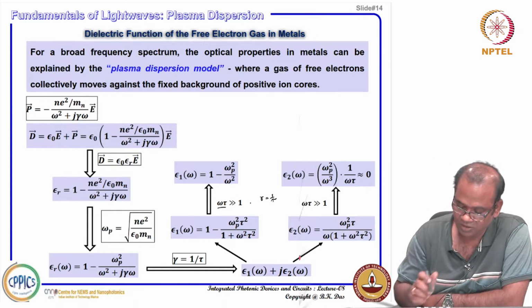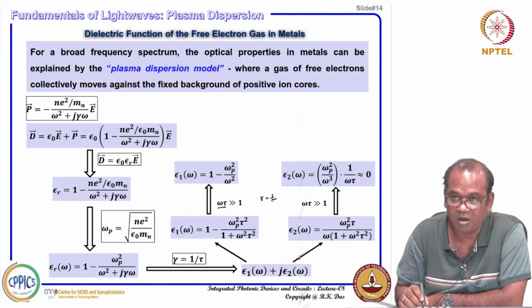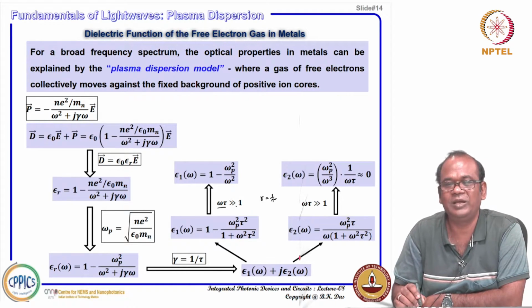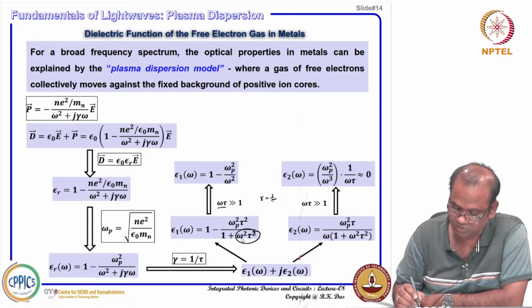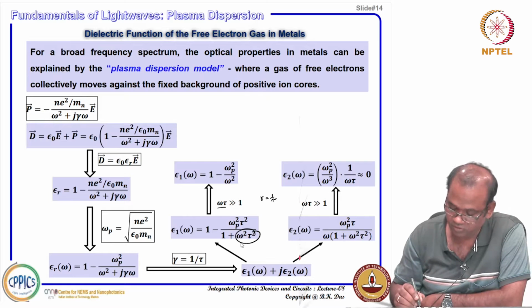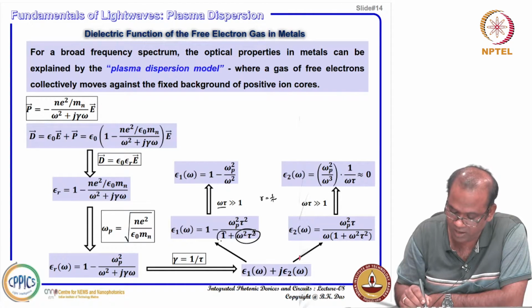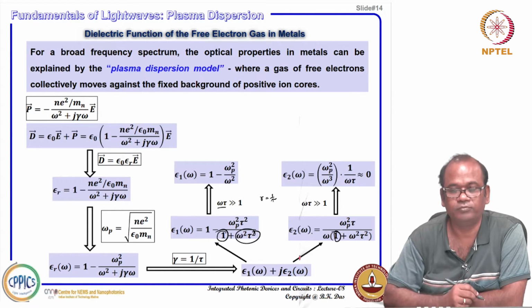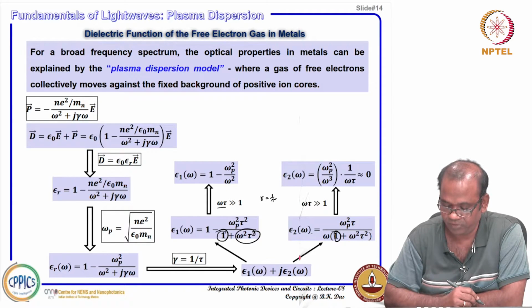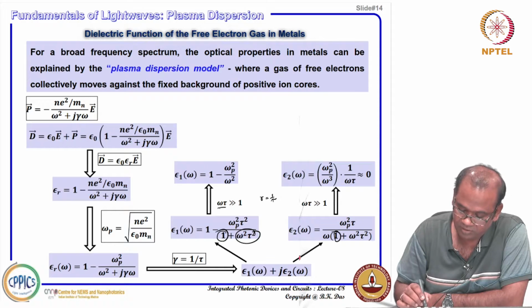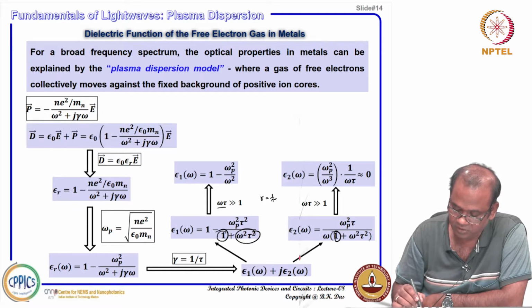Whichever it is, if you consider omega tau much larger than 1, typically it can happen with a very large frequency. Then in that case, omega tau is very large, so this 1 you can ignore, and this 1 you can ignore too. So in that case this will be reduced, as I can ignore 1.